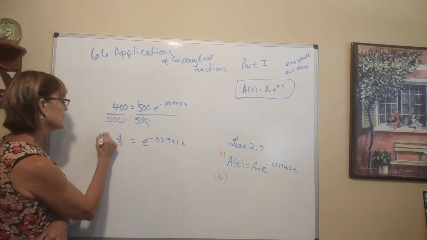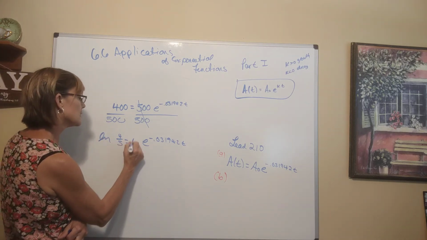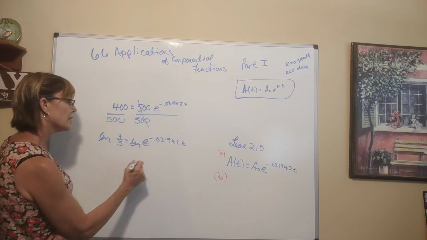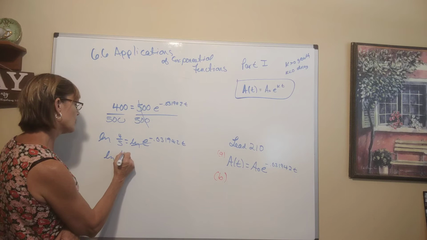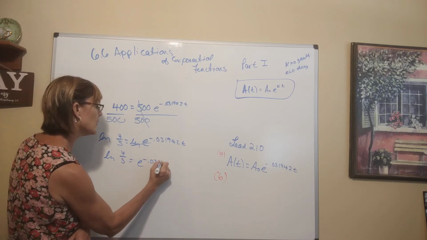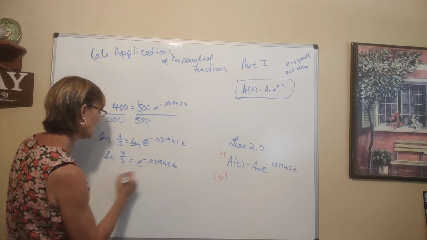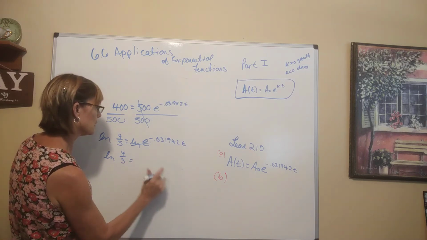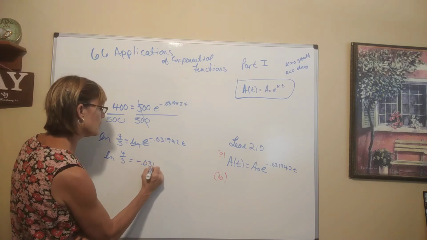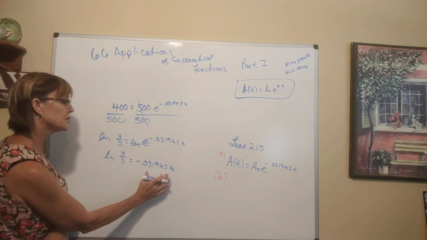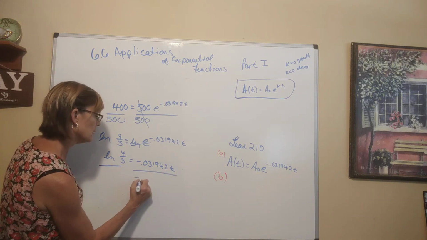Introduce a logarithm. Natural log equals the natural log. Log base e of e to the something, these undo each other. We get the natural log of 4/5 is equal to negative 0.03194 t. I'm getting a little bit tired apparently. Now to solve for t, we will just divide by that number right there.